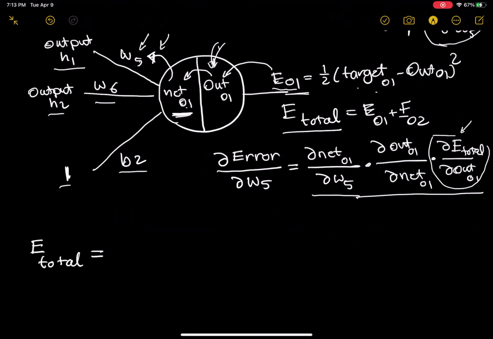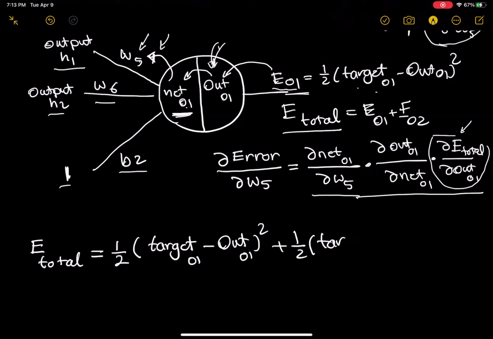So E of total is equal to half multiplied by target O1 minus out of O1 to the 2, plus half target O2 minus out of O2 to the 2.